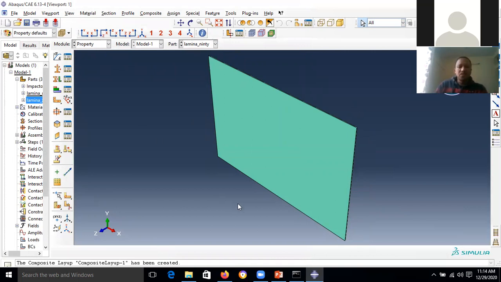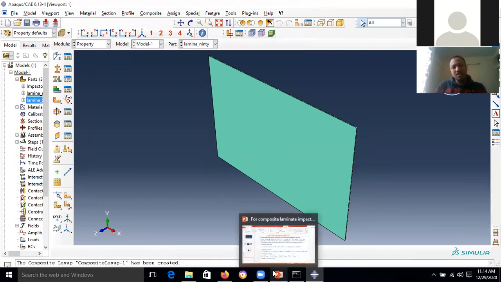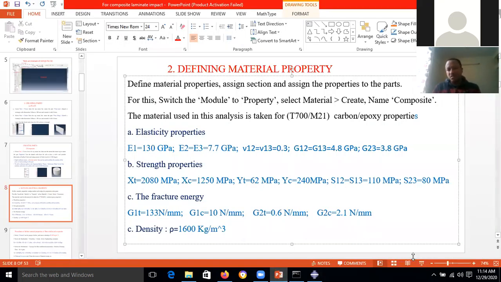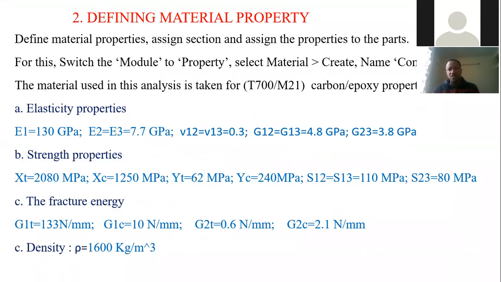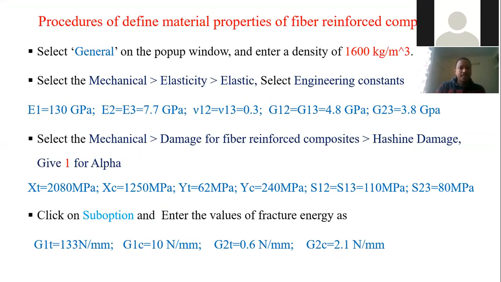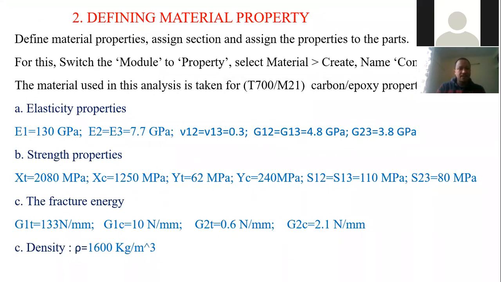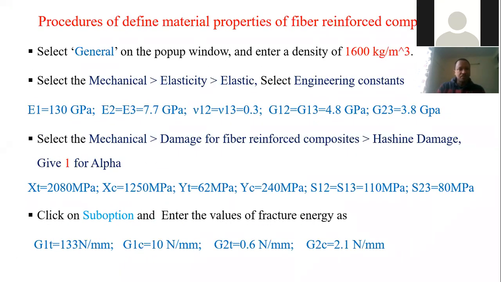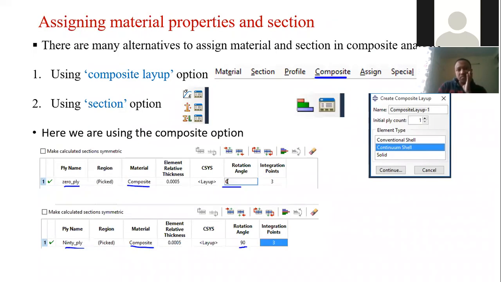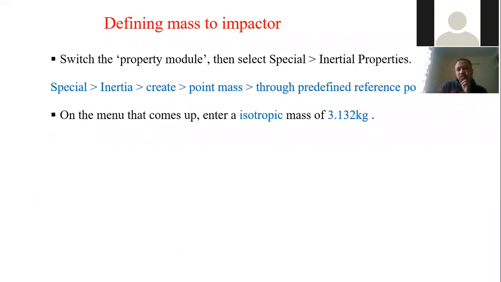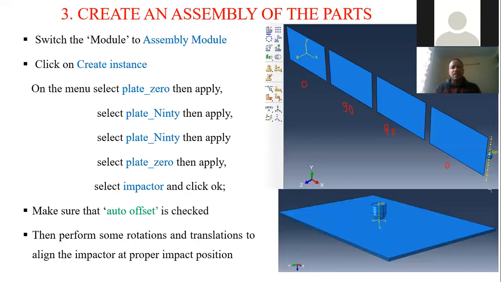The next module, the third one, is the assembly module. Material definitions are already done. Defining the impactor mass is already done, and the next one is to create an assembly.